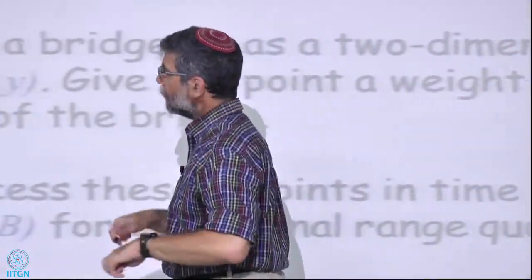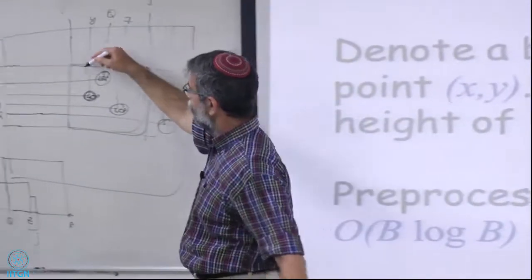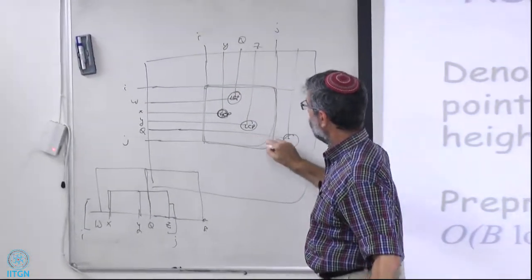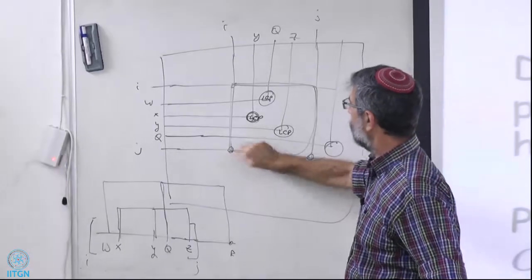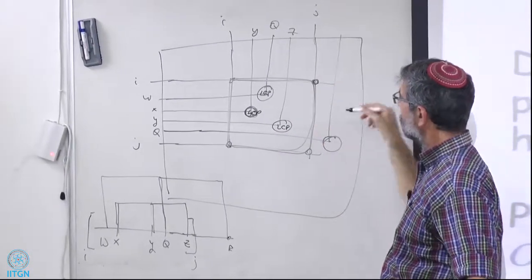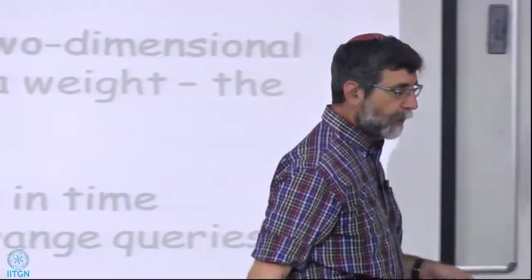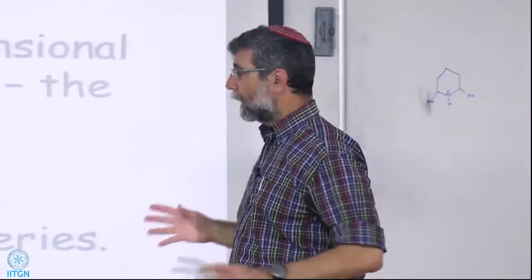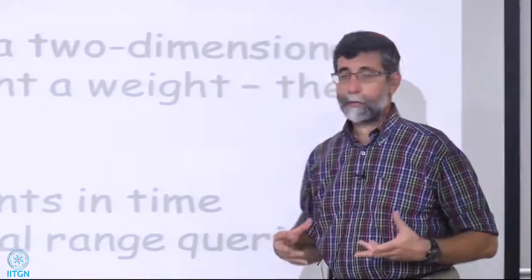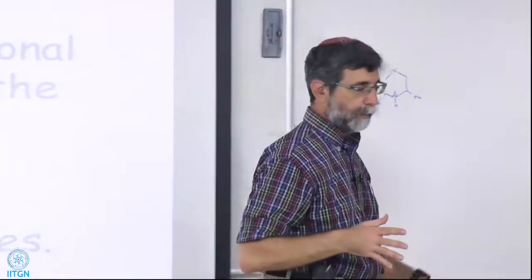The orthogonal range query is the box whose corners are II, JJ, IJ, and JI. So that would be the range query. So the idea here basically revolves around a simple concept. The concept is that we need to prove that there's a small number of optimal bridges.